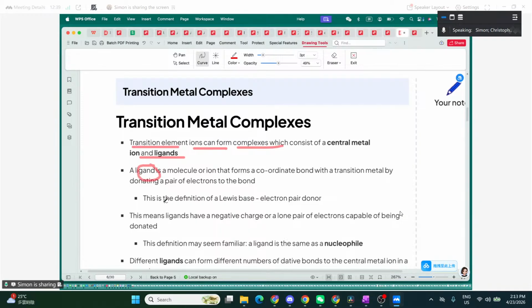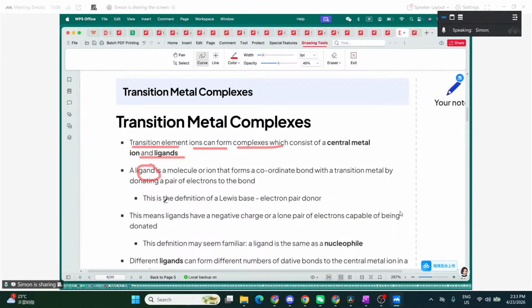This means the ligand actually has a negative charge or a lone pair of electrons, and has the ability to be donated, right? No problem.